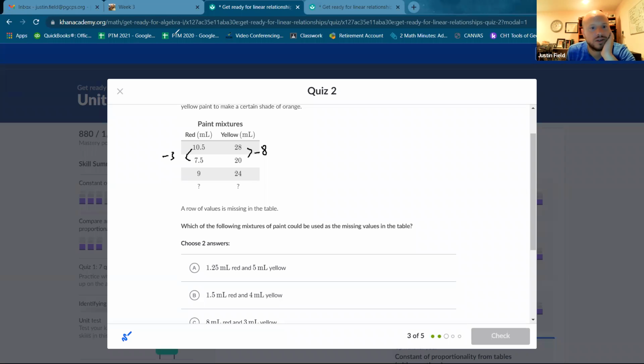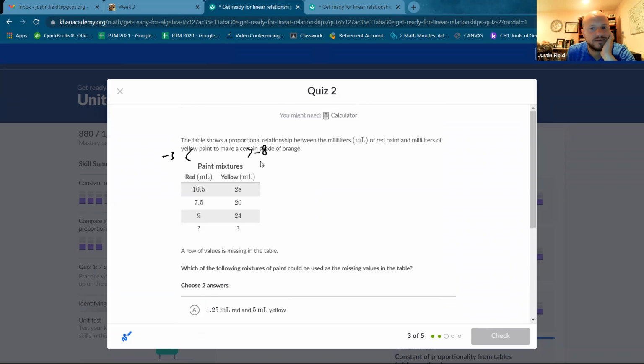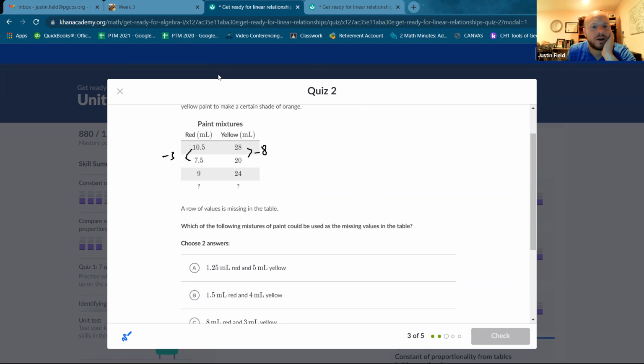Oh, is this proportional? Did it say that? Didn't say that. Okay. Then 7.5 to 9 is actually plus 1.5. And then this is plus 4. So there is a pattern here.